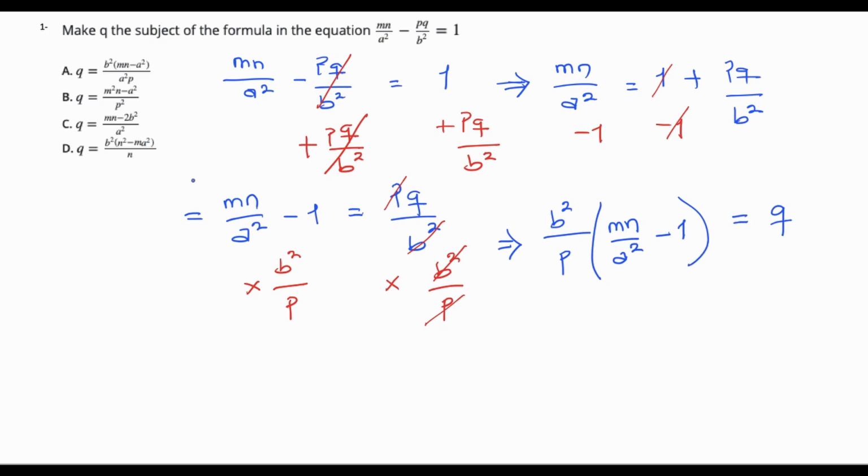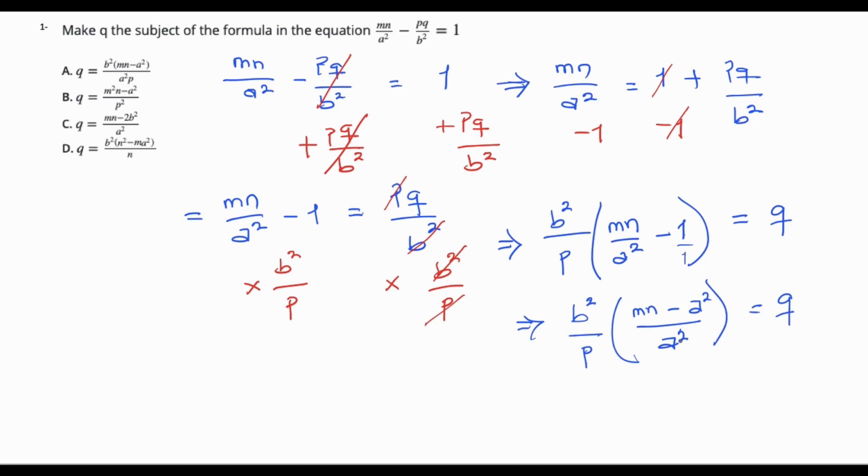Now this could be our answer, but if we look at the options we're given here, obviously they want us to solve what's in the bracket here. So if we do that, we have b squared over p, and in the brackets we have a squared to be our LCM here. A squared divided by a squared is 1. 1 times mn is equal to mn, and a squared divided by 1, imagine we have a denominator of 1 here, is equal to a squared, and this is equal to q.